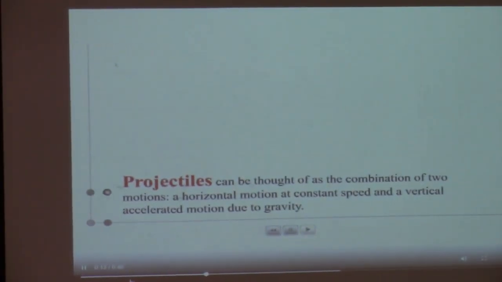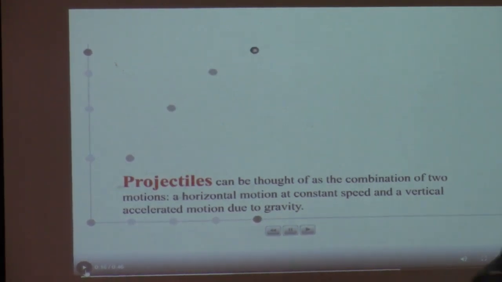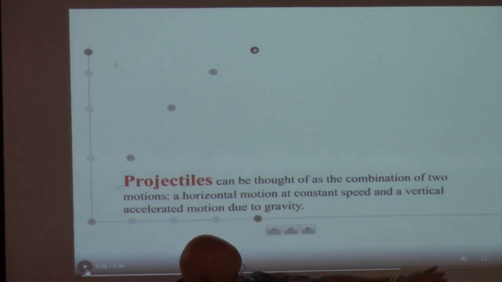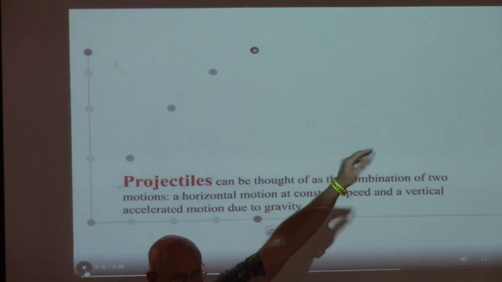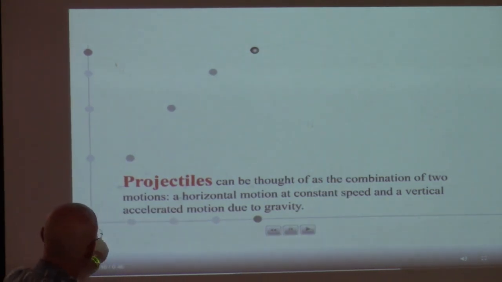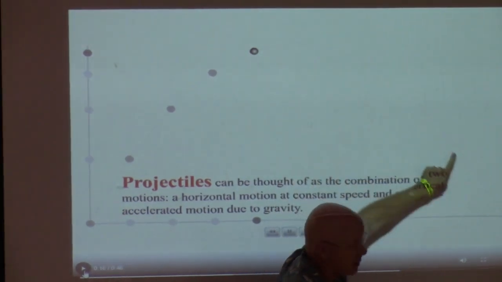Now, I'll keep playing this video because you actually see the next thing is what would happen if I fired, and I'll just pause it right here. It's the same thing, except instead of just giving it a horizontal motion, I'm going to give it an angled up motion. As you watch this one, it's going to follow along this path.